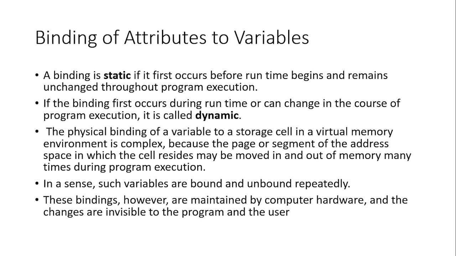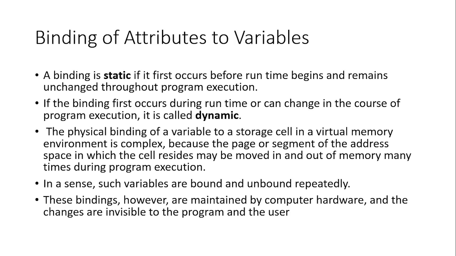So next time when a is going to be bound to some particular memory location, the memory manager will allocate a different memory cell. That possibility is there because of swapping. Swapping means the memory cell may be moved in and out of memory many times during program execution.